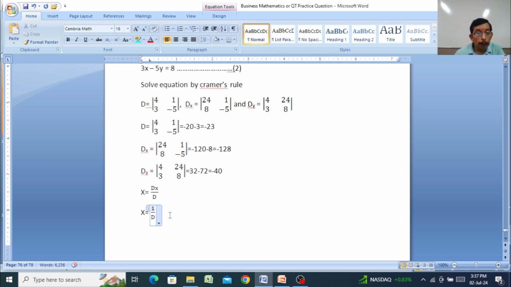The value of D is minus 23 and the value of Dx is equal to minus 128.